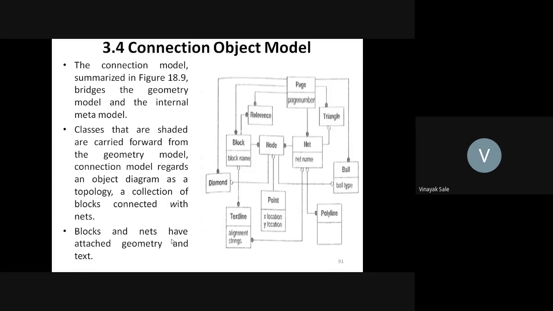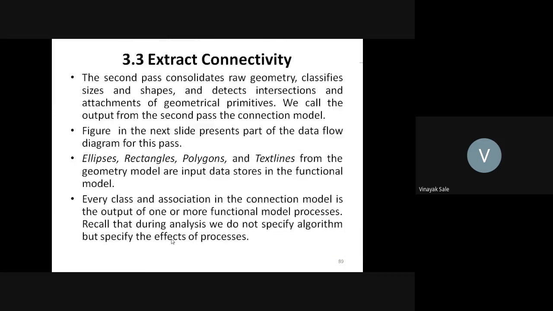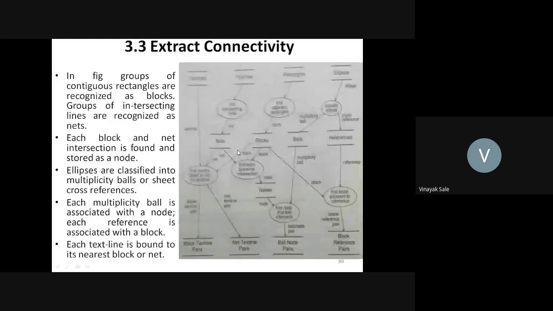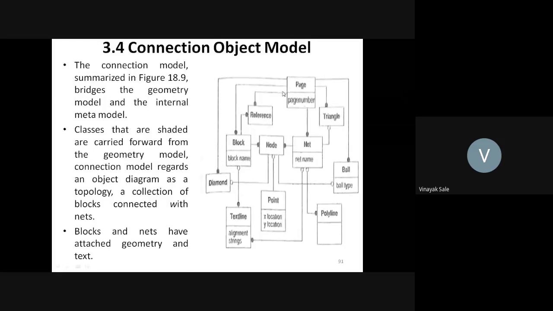Then the connection object model. In the previous slide we have seen the page number. This is the figure page number. In this figure, a page may be in geometric models such as ellipse, rectangle, polyline, polygon, text line, and it has so and so properties we have seen. So the same diagram is classified with the connection object model.